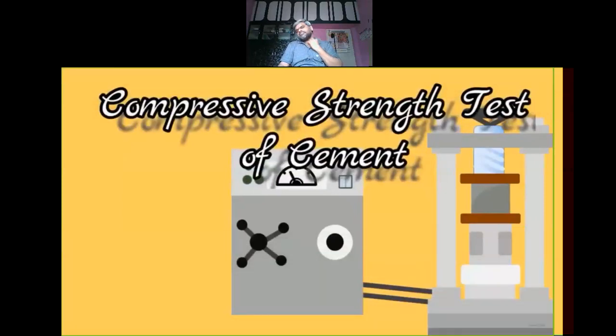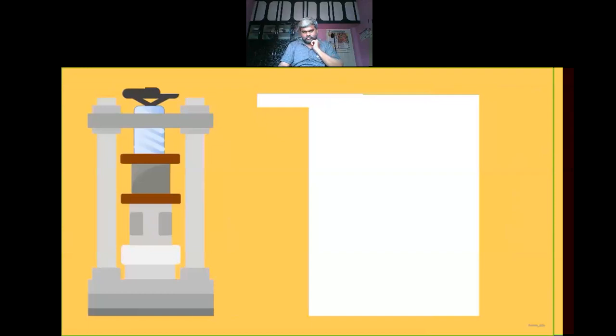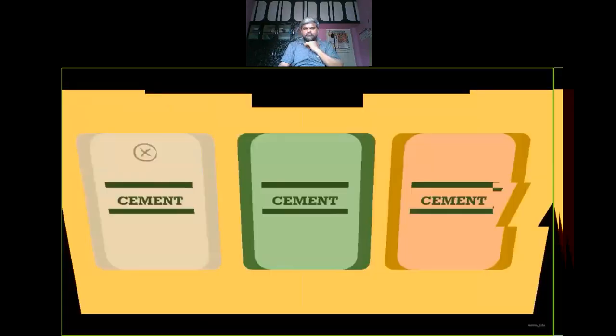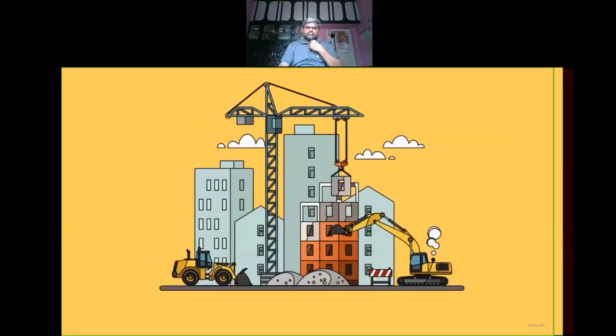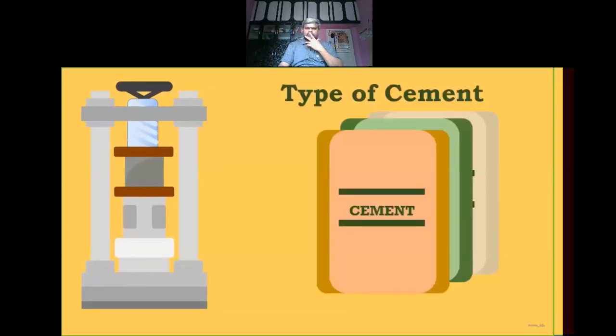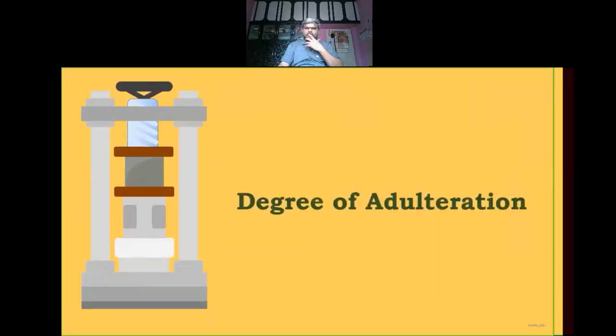Compressive strength of cement. The compressive strength is the basic property to be considered in choosing a type of cement for the construction site. The compressive strength quality of the cement is controlled by the technical material application of the cement.